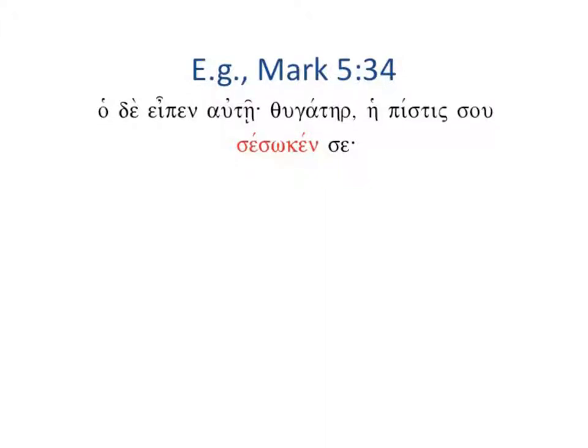Let's also consider Mark 5:34. Ha de epenote thugater, hepistis su sesokense. Note this, by the way, that sometimes these articles can function as pronouns. So here, this is actually standing in for Jesus, he, and then we have the postpositive, but he said to her, thugater.